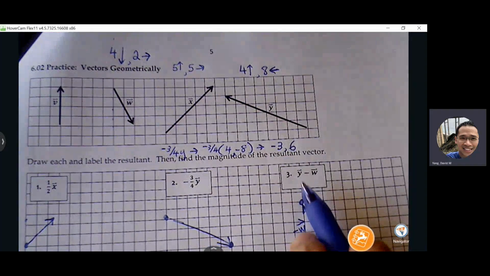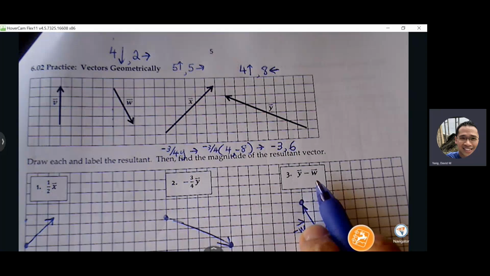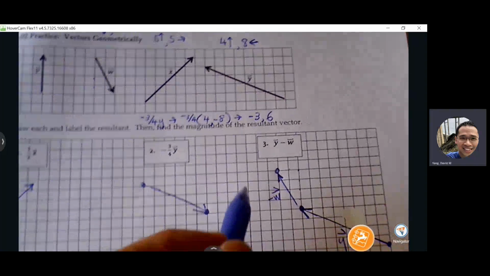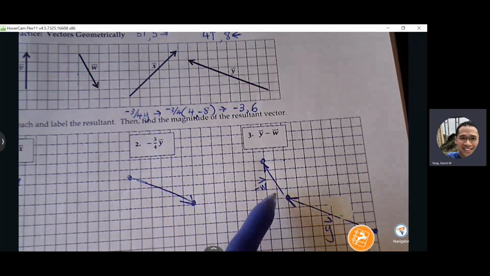Because it's the same thing as y plus negative W, right? So if you think about it in that sense, then here's my y, here's my negative W, I'm just adding them together.